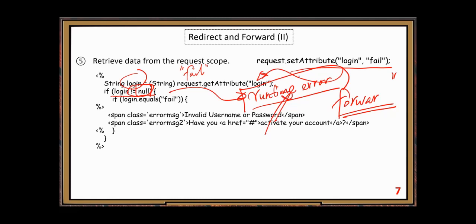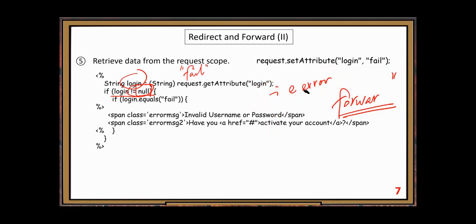Then your users will not be very happy. That's why a runtime error is a very bad thing for your users. So that's why in your Java code, every time you use a Java object, you need to do this check, to make sure it is a valid object.